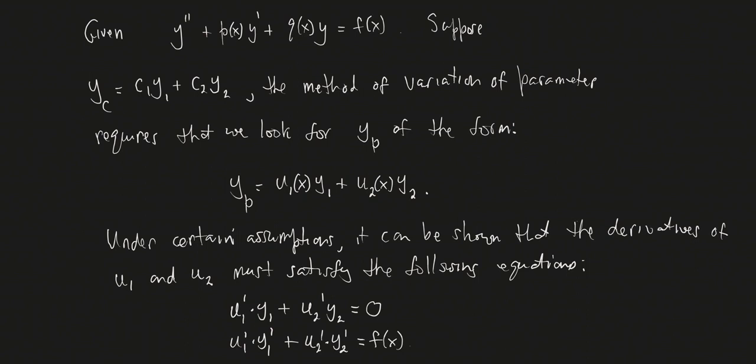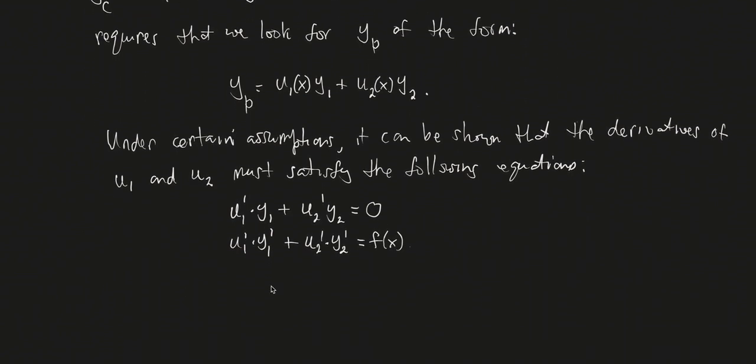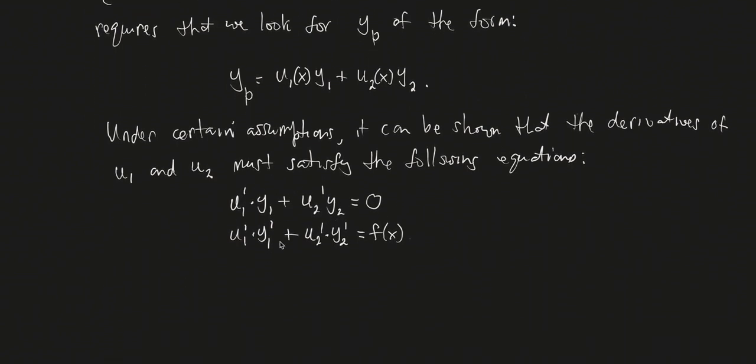So let's look at the system. And the idea is we need to figure out U1 prime and U2 prime. Now, obviously, because we're solving for functions, it's not quite the linear systems that we're used to, but it does have that form, because if you think about it, here are the unknowns.